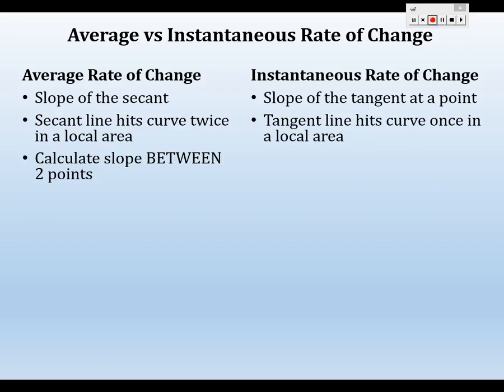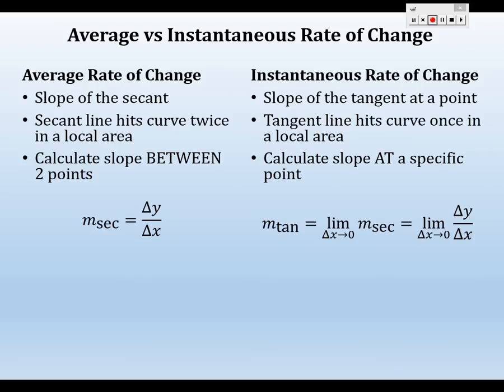We're using 2 points to calculate an average rate of change. Instantaneous rate of change is a slope at a specific 1 point. We can think about the slope of a tangent as being change in y over change in x, where the change in x becomes infinitesimal, where the limit as delta x approaches 0 is what we're talking about.